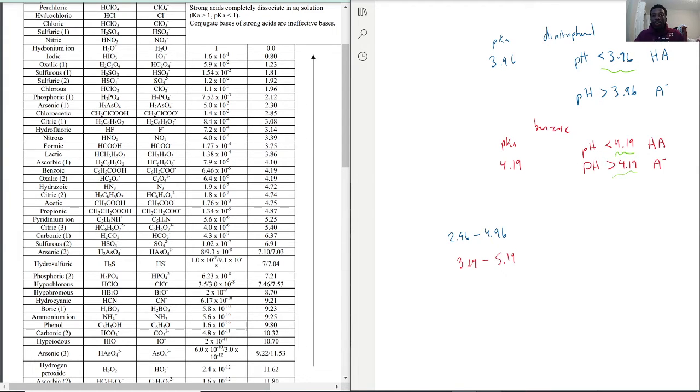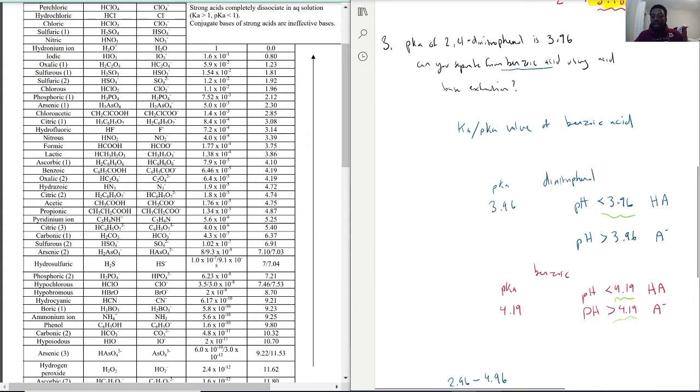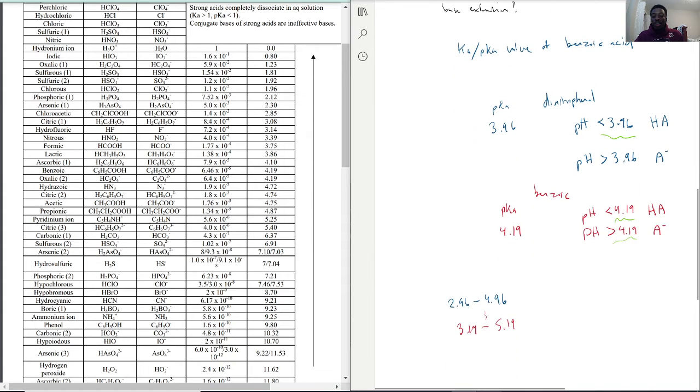That is so much overlap that frankly, even if you put it to a pH of 4 to try to quote unquote separate them, because these are ranges, you wouldn't really get much solution out there. You'd most likely still get a solution that is mixed a little bit with some dinitrophenol and benzoic acid, because some of it would still be protonated and others deprotonated in each solution.